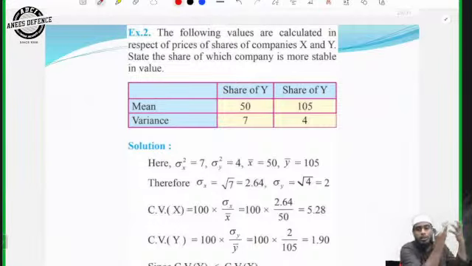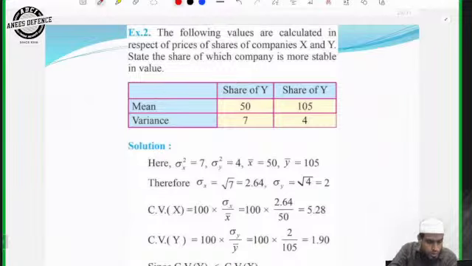For example, X is a washing machine company and Y is some textile industry. So if a person wants to invest some money in a company, which company should he prefer? Which one gives consistency? That company he should prefer.